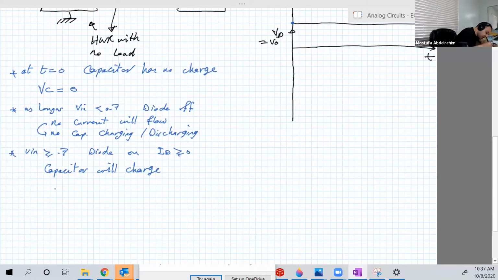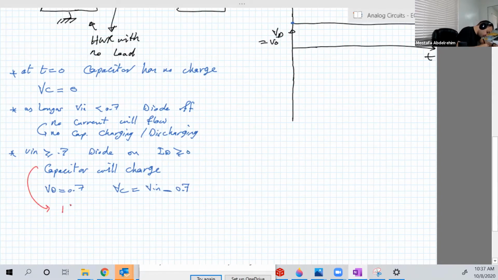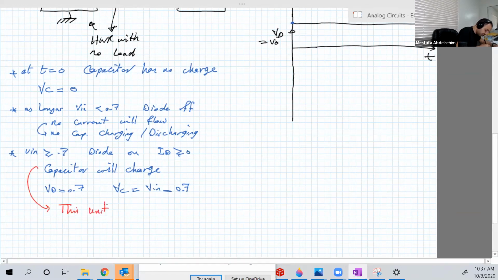Since the diode is on, VD is equal to 0.7, and from Kirchhoff, VC is equal to Vin minus 0.7. One important note here, this will continue until t equal to T over 4.